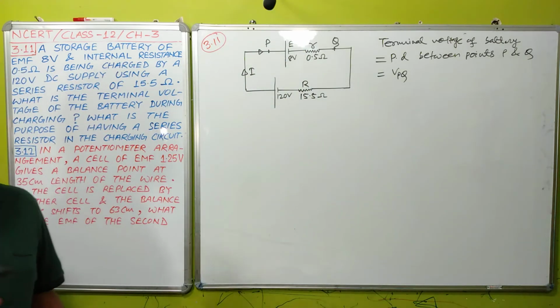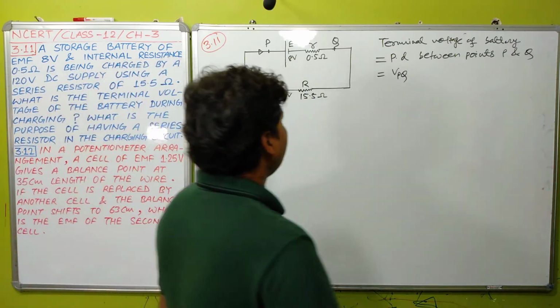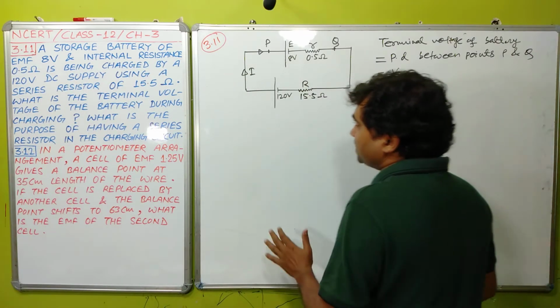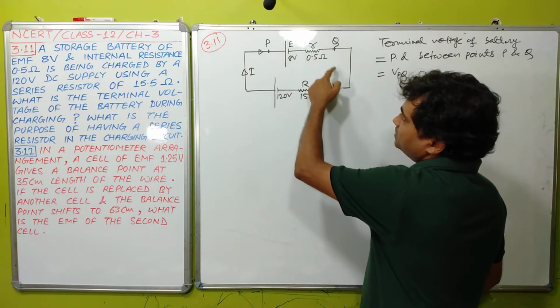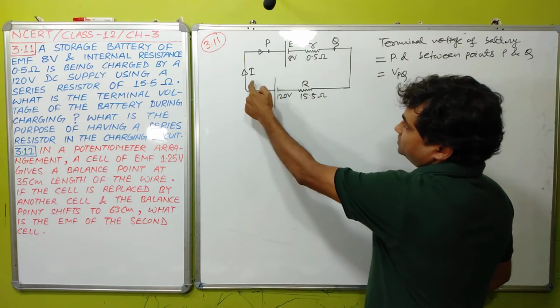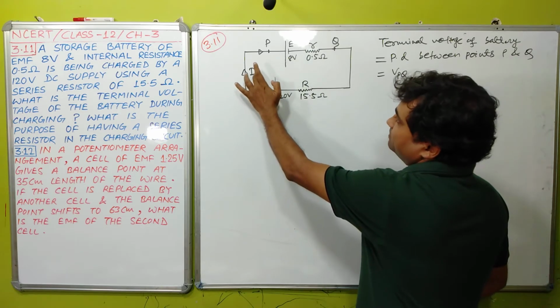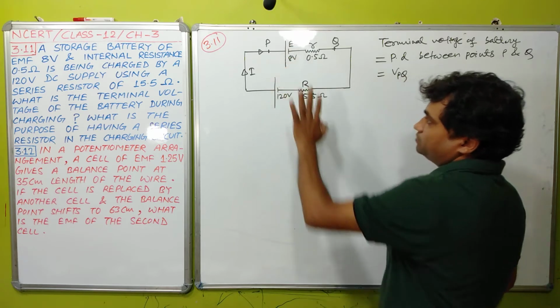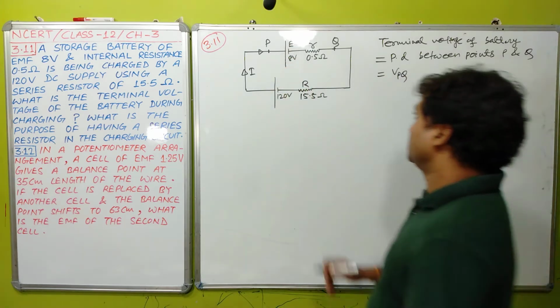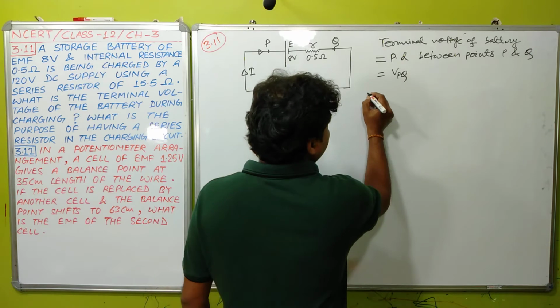Otherwise, it is in discharging condition. So on this basis, you can decide that the current flowing in the circuit will have clockwise direction like this, so that it enters the battery through its positive terminal.